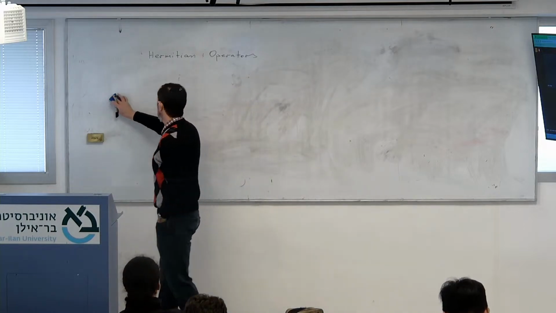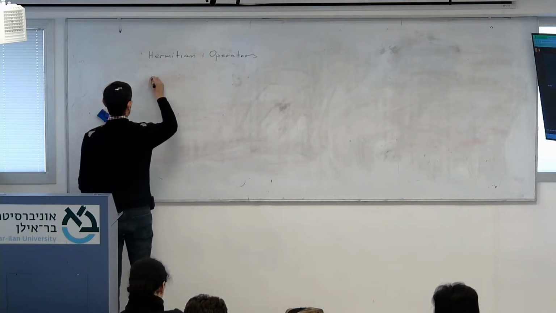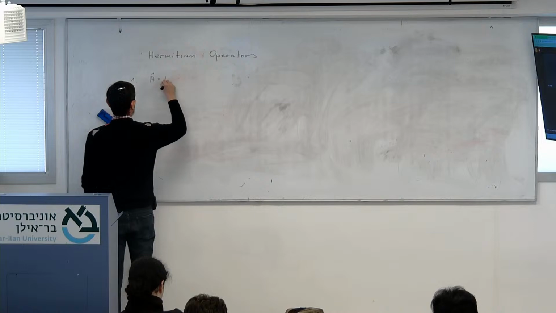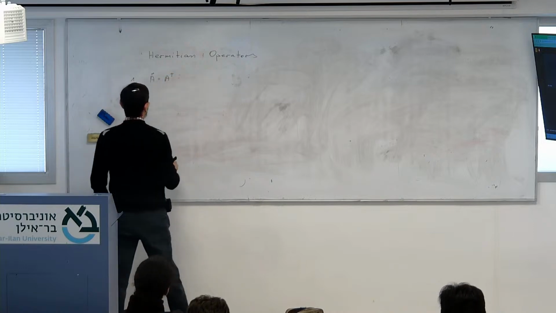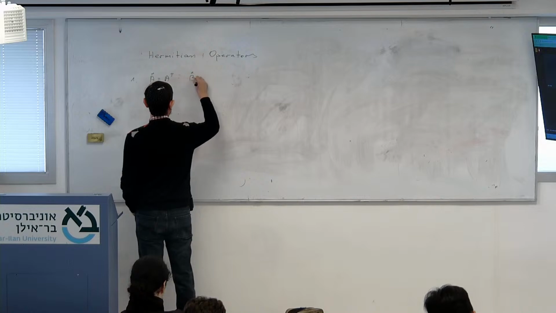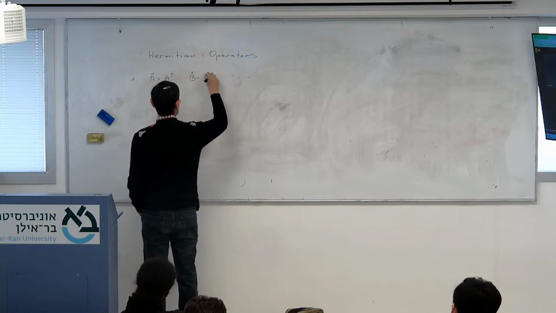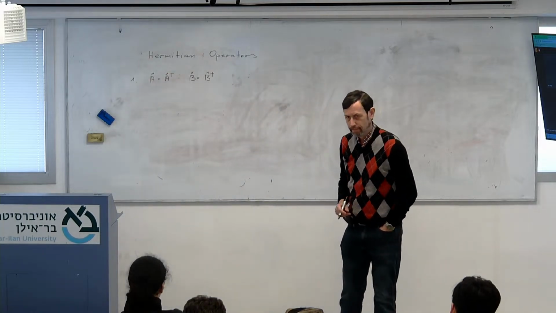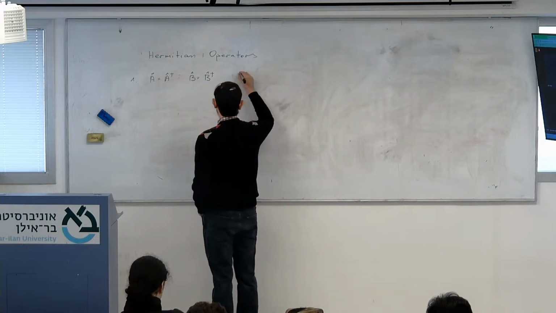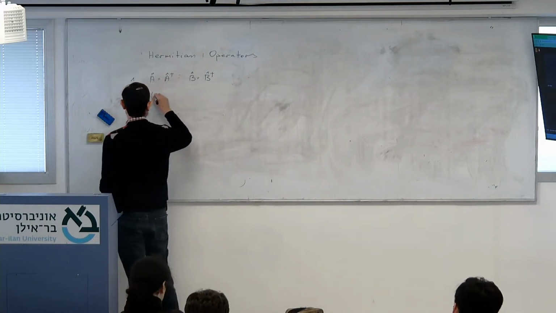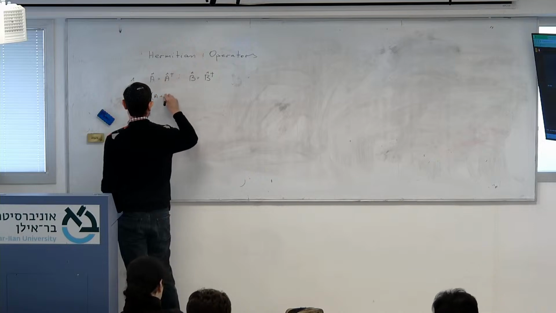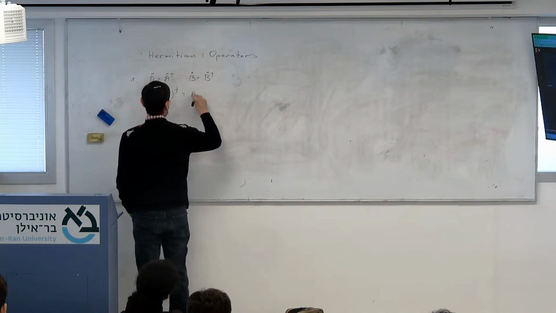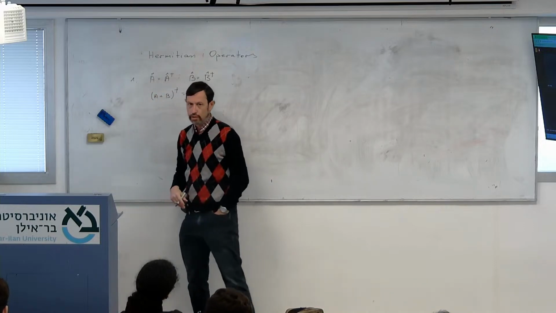If we have a couple of Hermitian operators, then their sum is also a Hermitian operator.